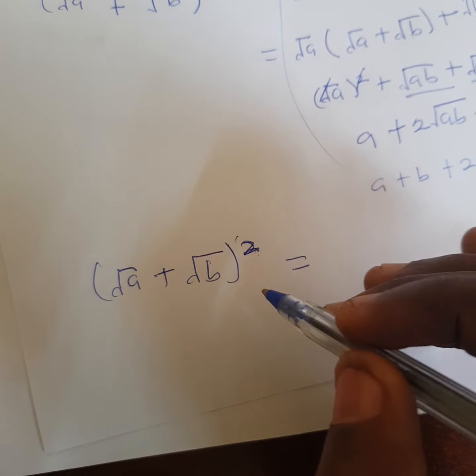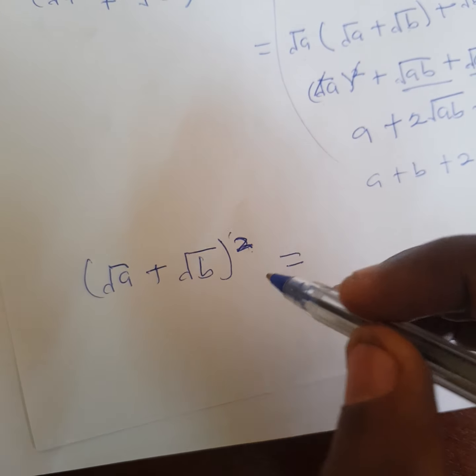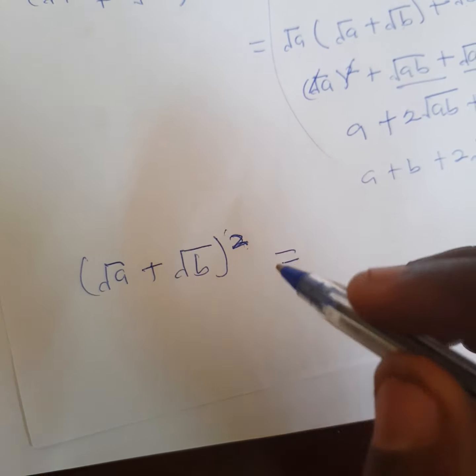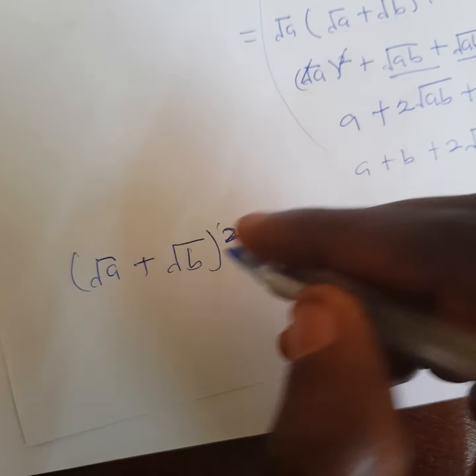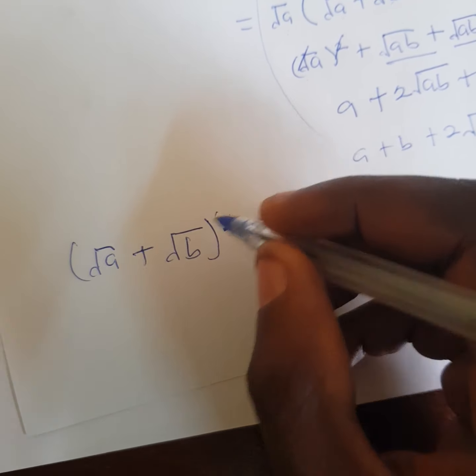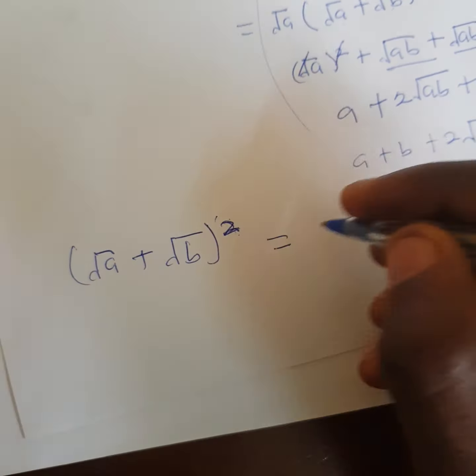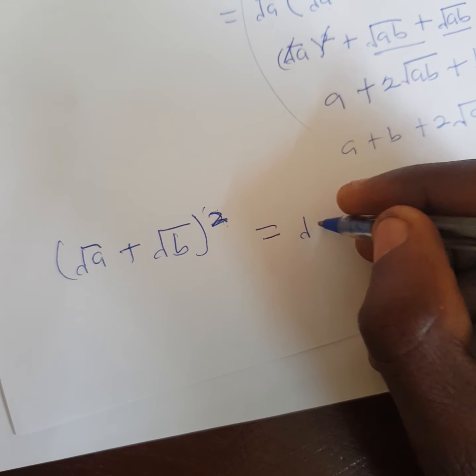Please don't do what I'm doing when it is an index of 3, index of 4, or power of 3, power of 4. No, it is only used when it is squared. So this expression, you pick the square root here and then square the first term.